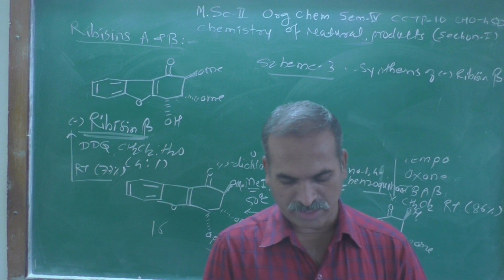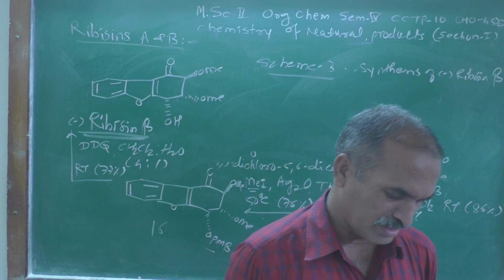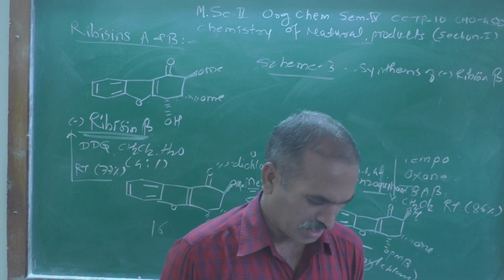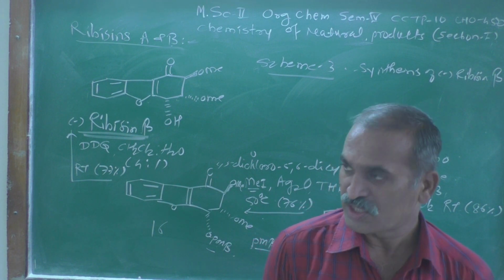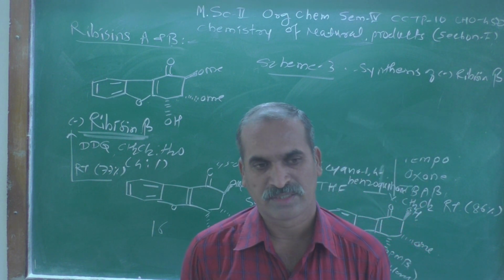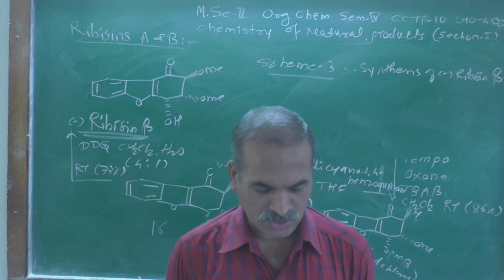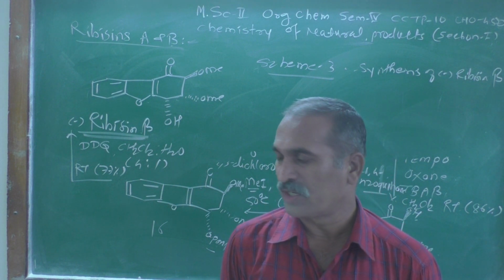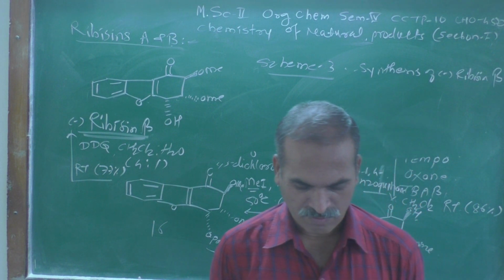Finally, the PMB, as we know, para-methoxybenzyl ether, is removed by acid, hydrogenolysis or oxidation. In this particular synthesis of ribosine B, the oxidation process is employed.